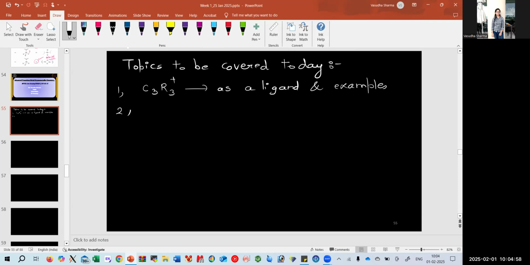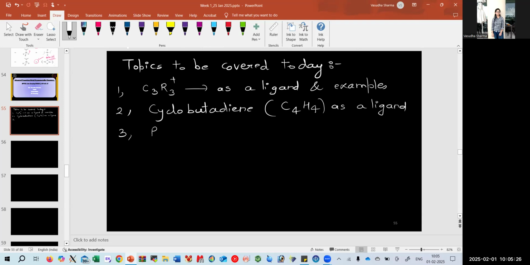Then we will start the topic of cyclobutadiene as a ligand, which is the C4H4 system. Its preparation, and there are a lot of preparations of it, so we will be taking them up.